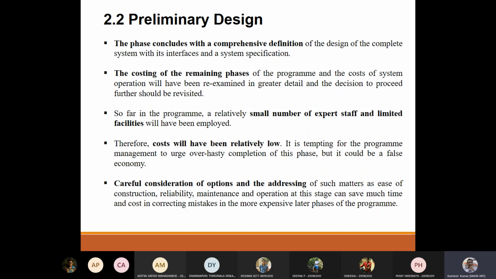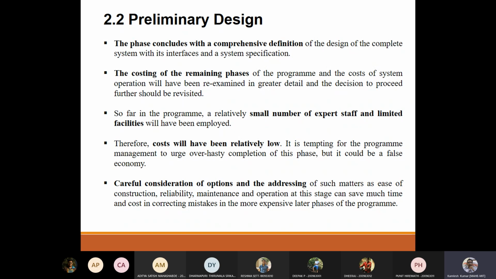So you should have very minimum HR and minimum facilities available for this type of design. When you do this, you will see the cost is very low, and the budget is reduced during this type of design consideration.